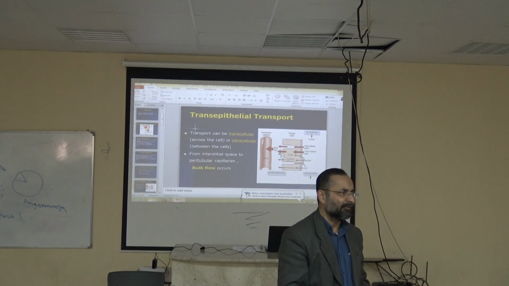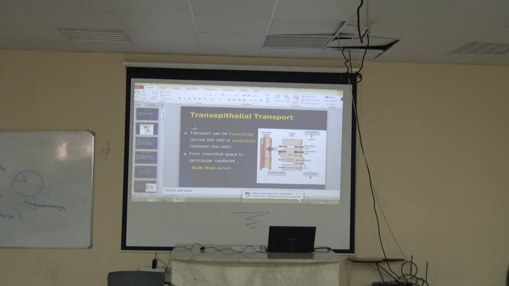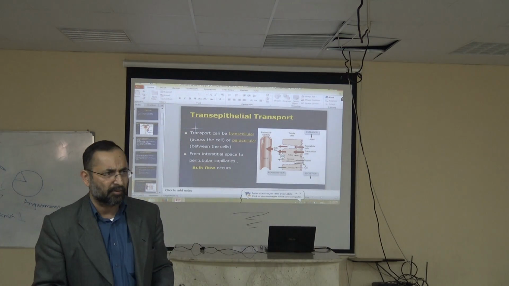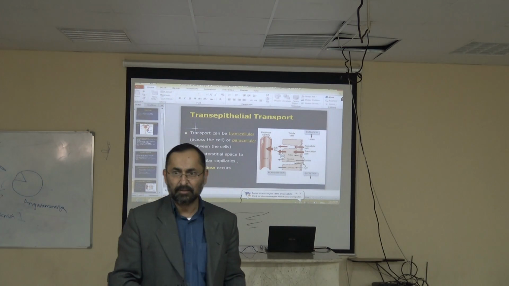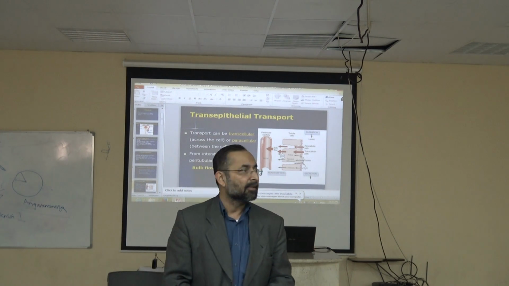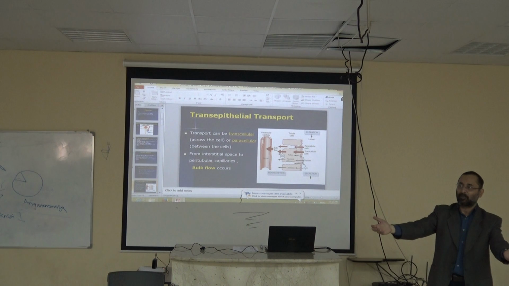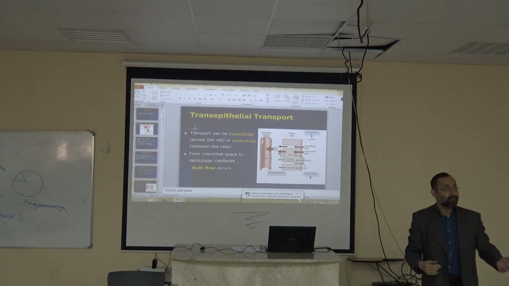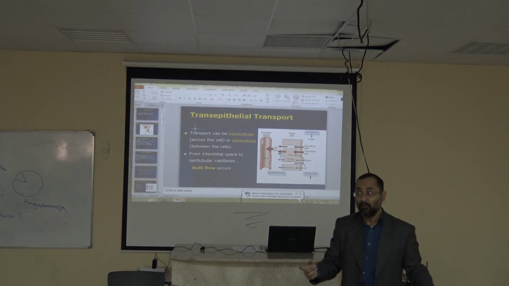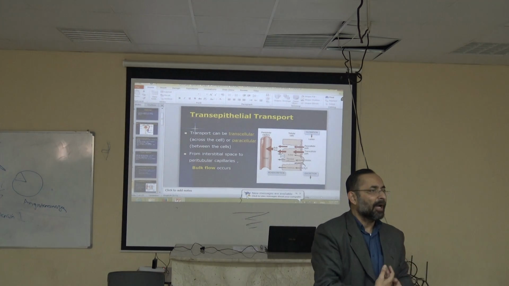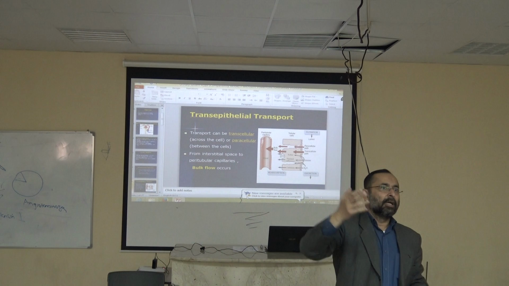What about other substances? If sodium wants to go from high to low concentration, if potassium wants to go from high to low concentration, if anything wants to go from high to low concentration, down the gradient, what do you call that process? Diffusion. It is a passive transport from high to low, but it is diffusion.